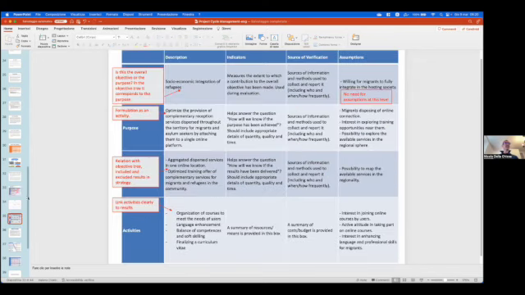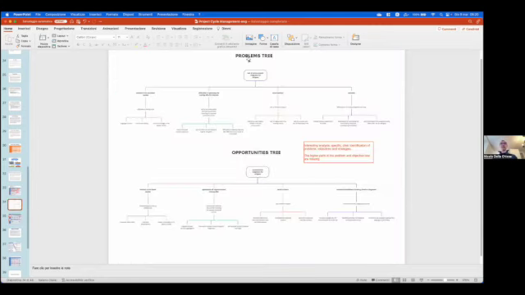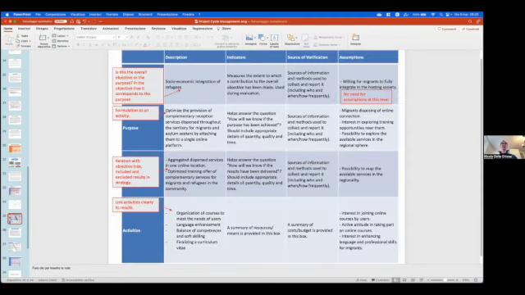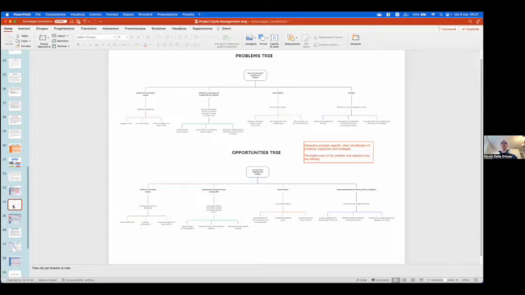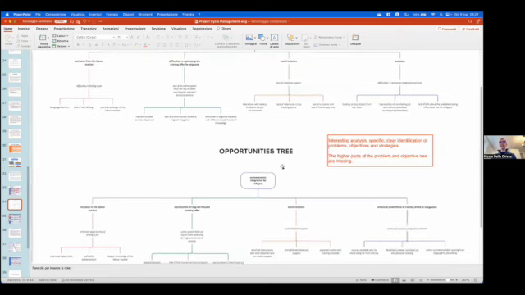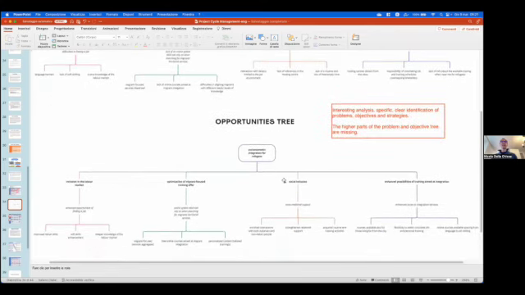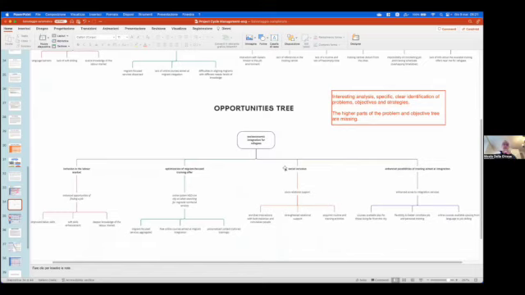Now the other example. So in this case, we had a problem and opportunities tree linked to this logical framework. So in the objectives tree, or opportunities tree as it is called in this analysis, we had a central objective, which is socioeconomic integration for refugees.